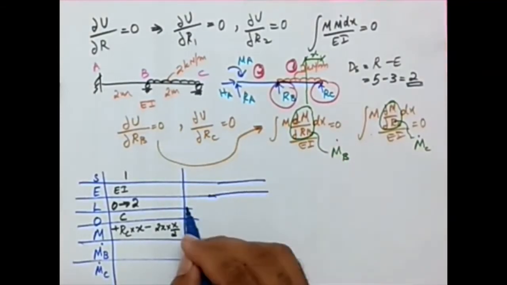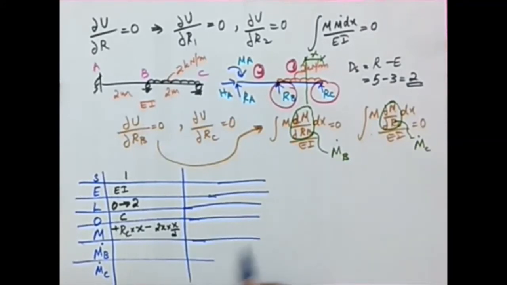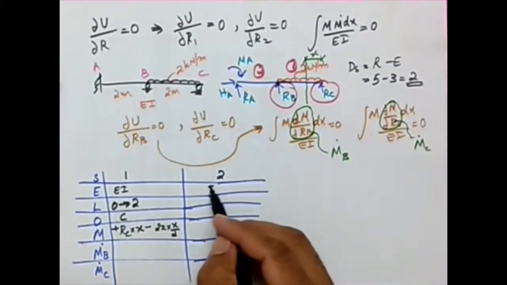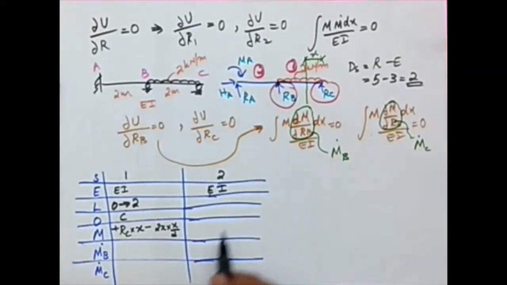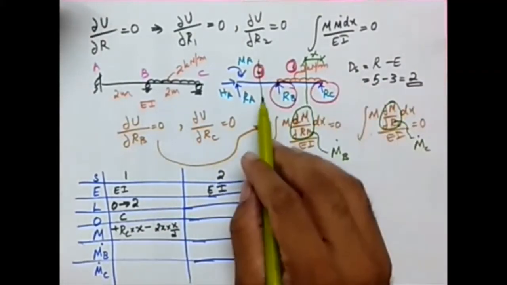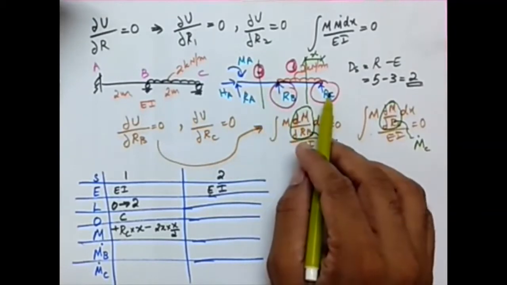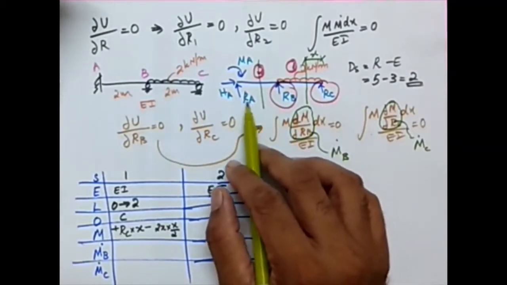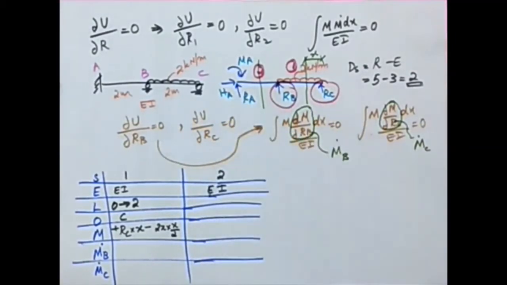Now we are going to think about segment 2. What about the EI value? EI is constant, so it is EI itself. What about the limit? First I need to decide where the origin should be. Now I'm going to take a section here. I can either look to the left or I can look to the right. If I'm looking to the left, I should have the values of RA, HA and MA, which I really don't have right now.